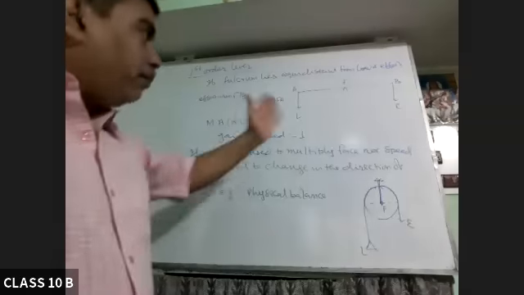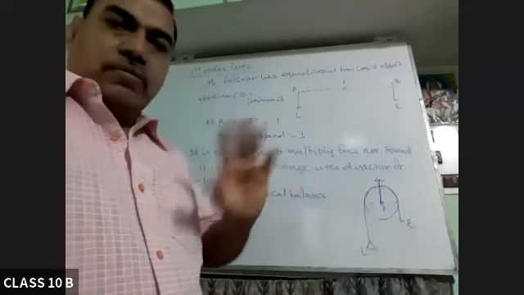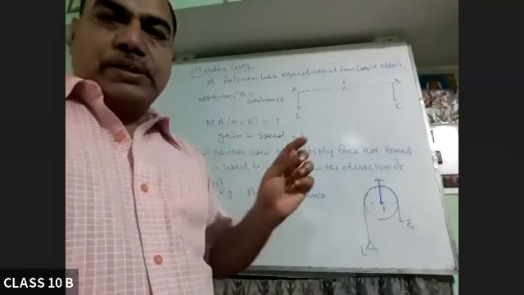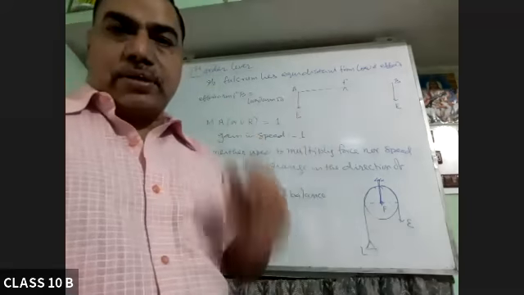So lever of first order can do all the work. The main purposes of a machine are that it can multiply force, it can multiply speed, and it can change the direction of effort.